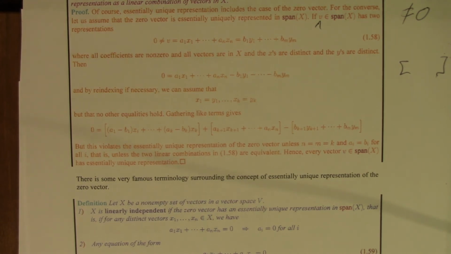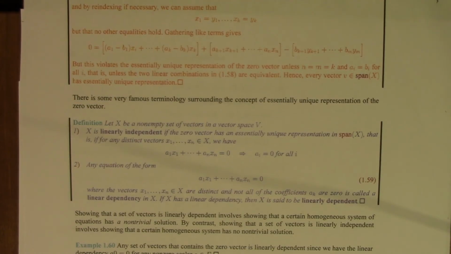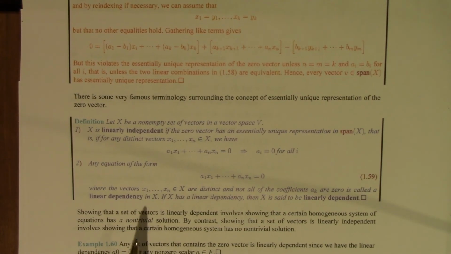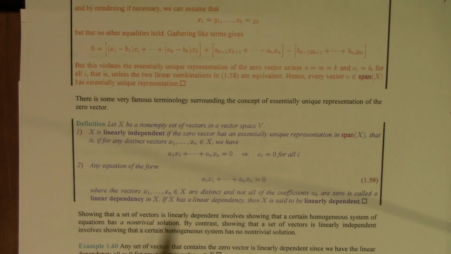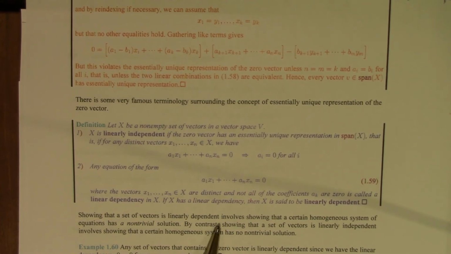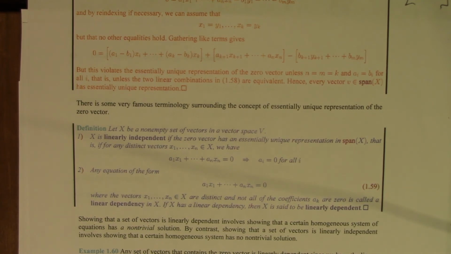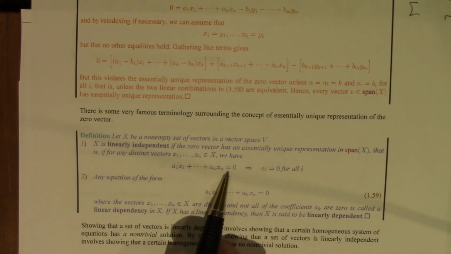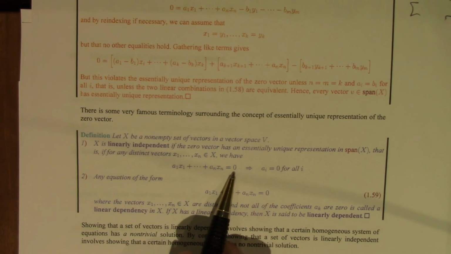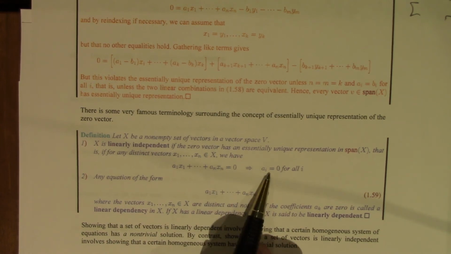For Rn it does, for matrices it does, but for polynomials you need an infinite set to represent all the polynomials uniquely. Showing that a set of vectors is linearly dependent involves showing that a certain homogeneous system, that's equals 0 here, has only the trivial solution.